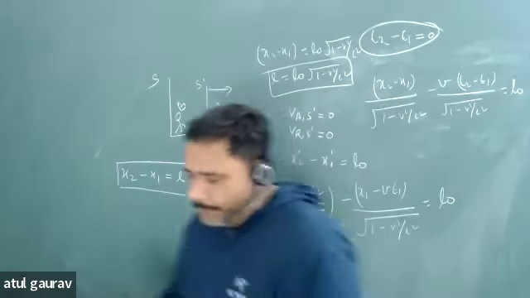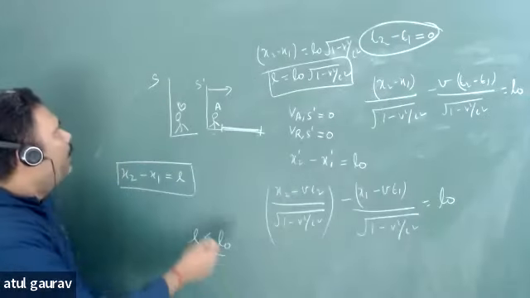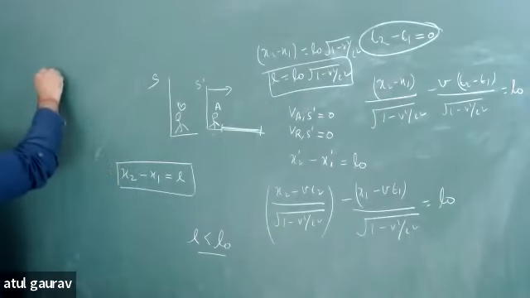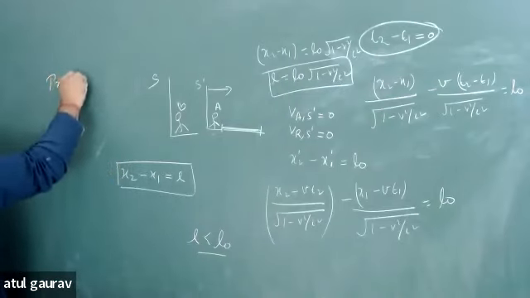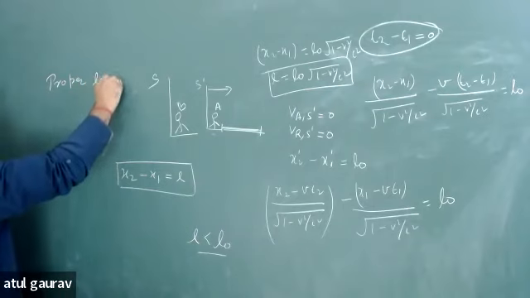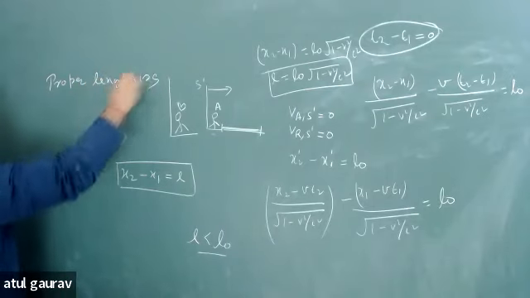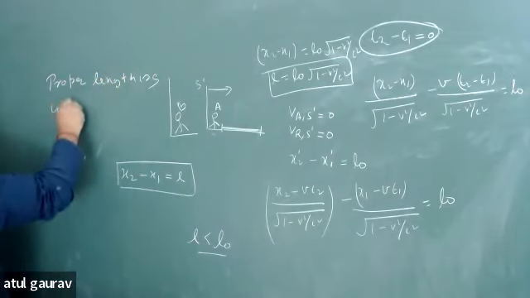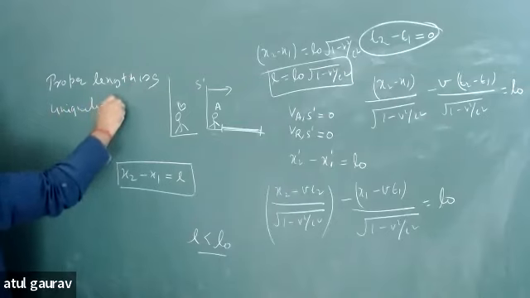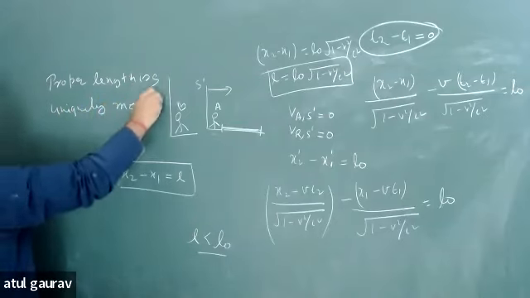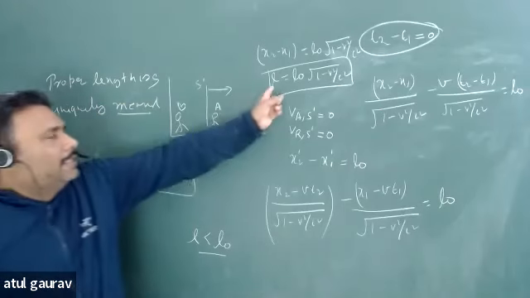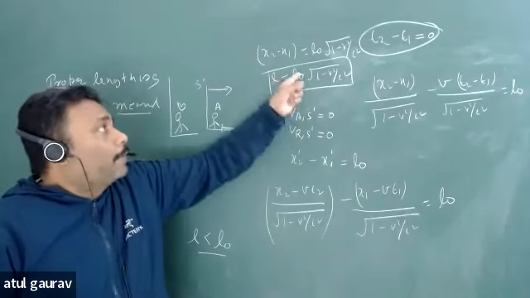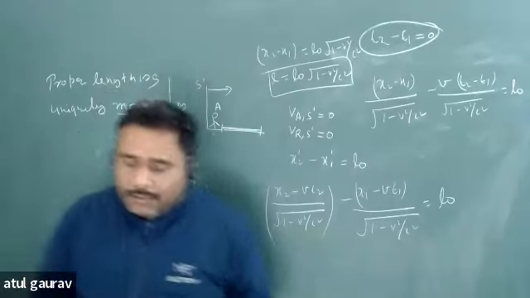So always keep in mind that proper length is uniquely measured. So what is this length? This length is L0, which is the proper length, times root under 1 minus V square upon C square.